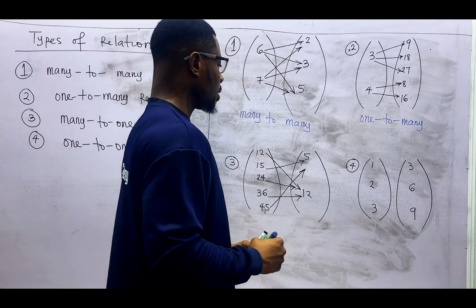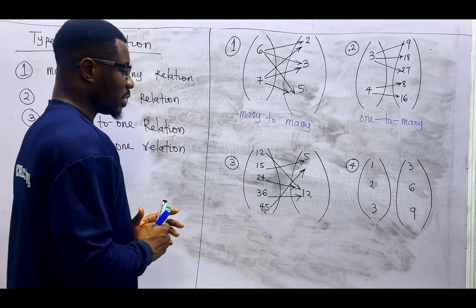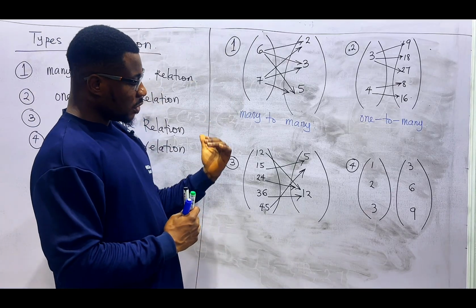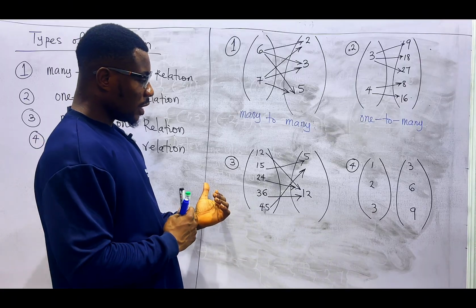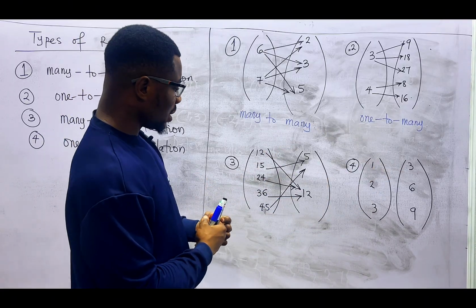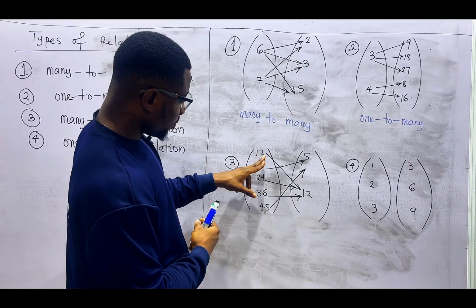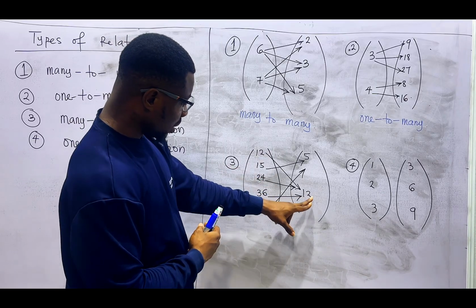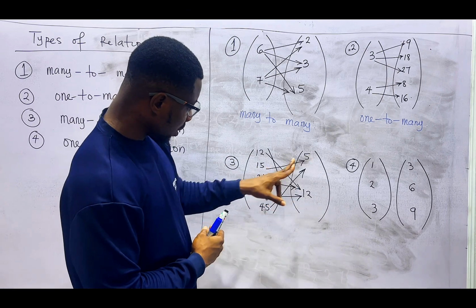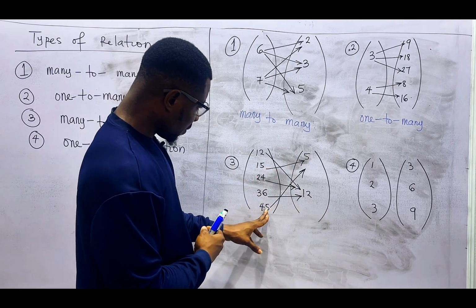The third one we have here is the many to one relation. That is to say, several elements in the domain relate with just one element in the codomain. You can see 12 relates with 12, 15 relates with this, 24 relates with 12, 36 relates with 12, 45 relates with 5.